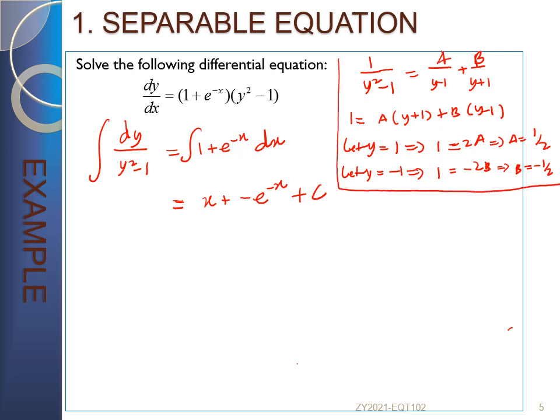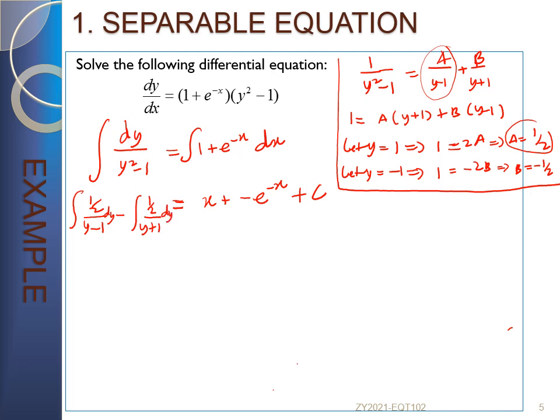So now the answer, we will have to integrate A, this one, A is 1 over 2 over y minus 1, minus the integration of 1 over 2 times 1 over y plus 1 dy.